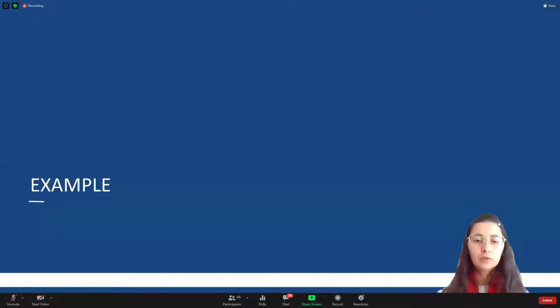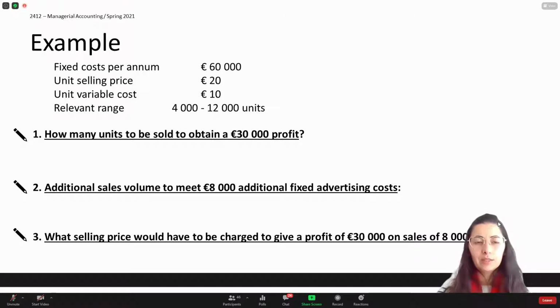So now we will do this example. We have the fixed costs per year, 60,000 euros. We have a unit selling price of 20 euros. We have a unit variable cost of 10 euros. And the relevant range is between 4,000 and 12,000 units.